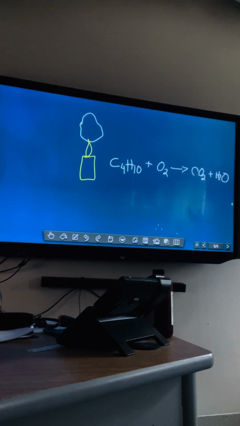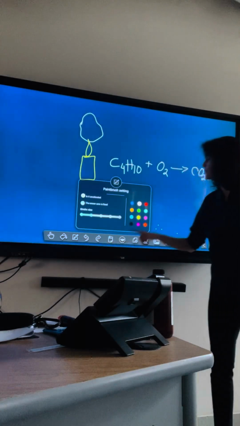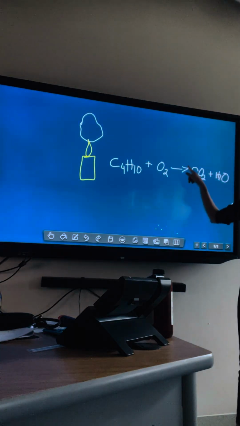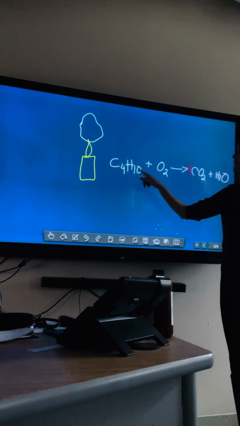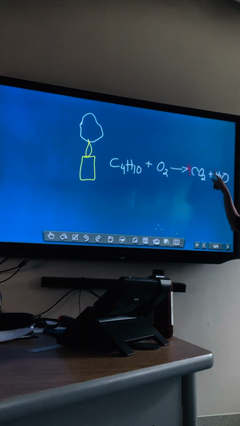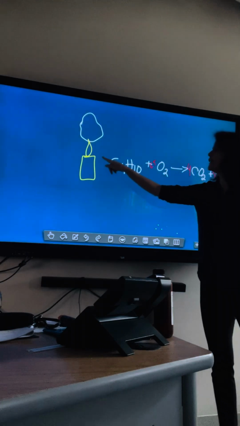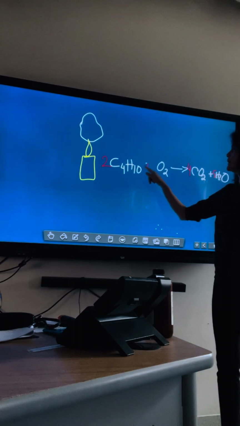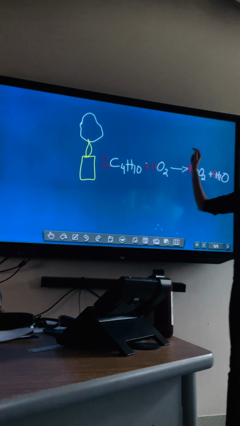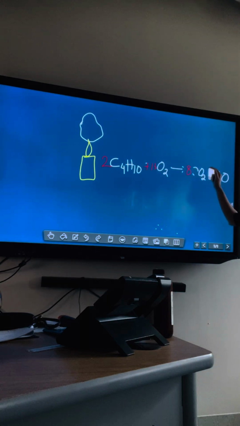If it is in the right ratio, the right ratio is 4 carbons, then 10 hydrogens, then you have 13 oxygens. Double it all up in order to get rid of the fractional coefficient.